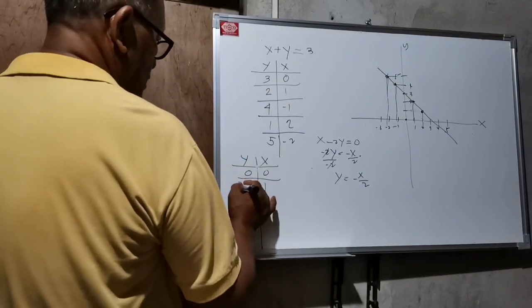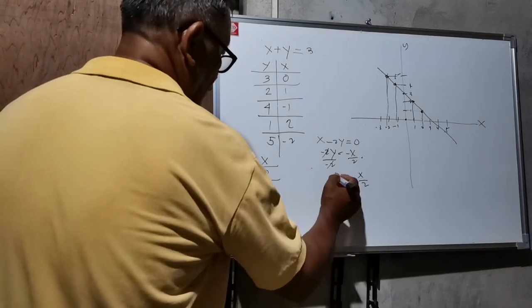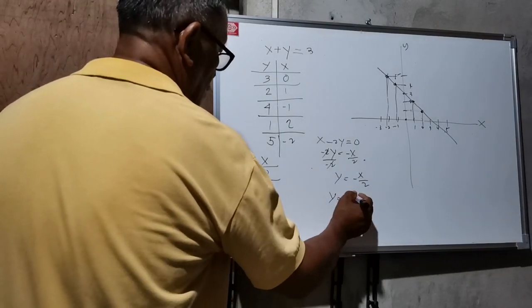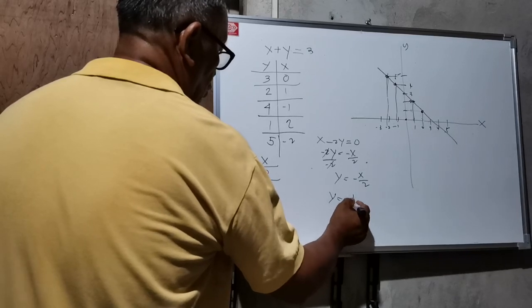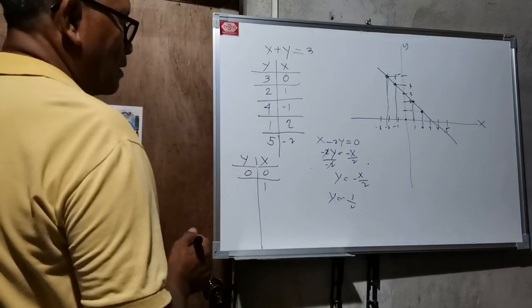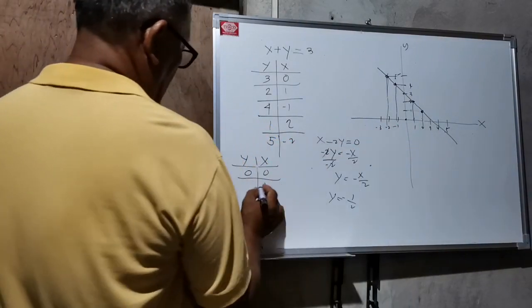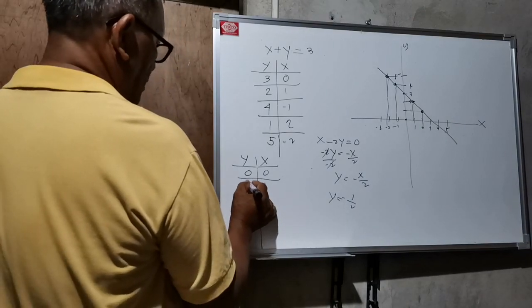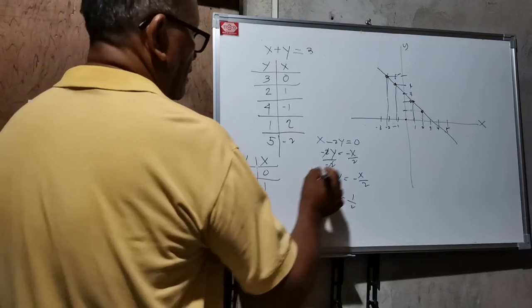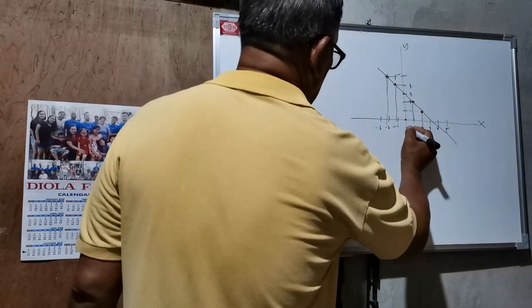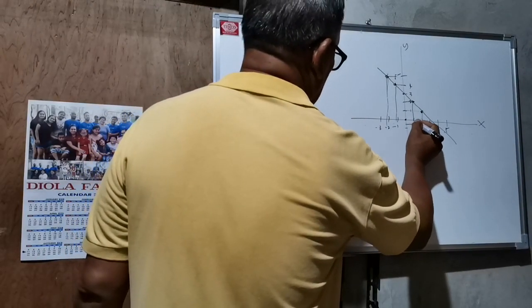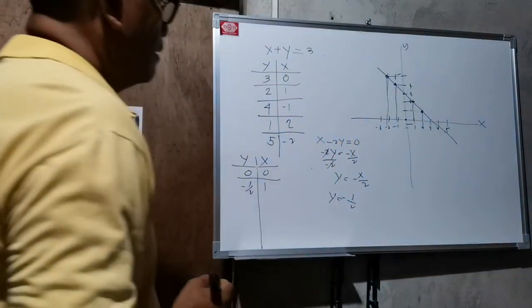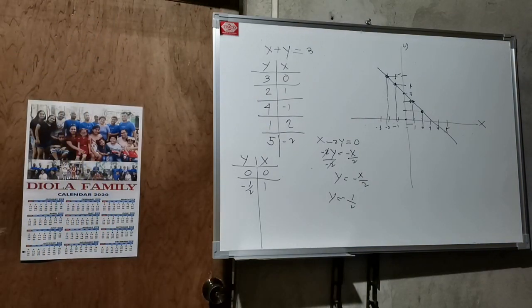If the value of x is 1, using this formula, y is equal to 1 over 2 or negative 1 half. Y is negative 1 half. Therefore, if this is 1, here is the negative. Okay, x is 1, y is negative 1 half.